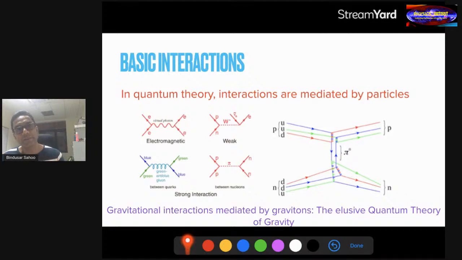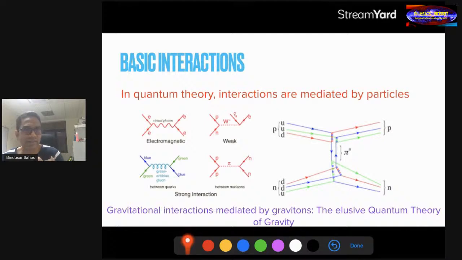In quantum theory, the force between two particles is produced by the mediation of some particles. For example, an electron interacts with another electron via exchange of a photon. That is the electromagnetic force between two electrons via the exchange of a photon. Similarly, consider the strong interaction between quarks. Quarks come in colors.